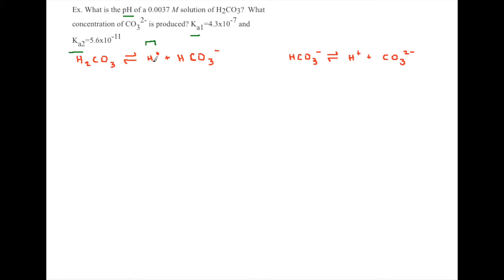So I'm only going to consider this H+ right here. So what I'm going to do is create an ICE chart. I know the initial concentration is 0.0037. I know the initial concentration of hydrogen is 0. HCO3- is 0 as well. So I'm going to subtract X, and I'm going to add X.